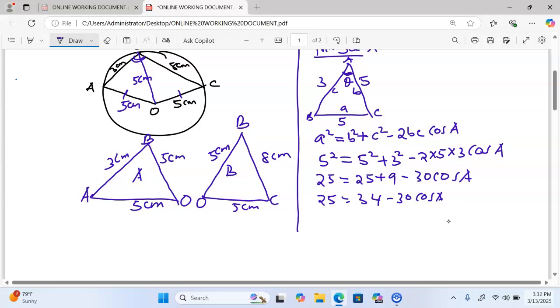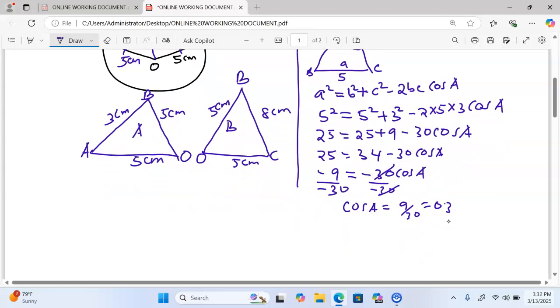If we move 34 to this other side, we are going to have 25 minus 34, giving us negative 9, being equal to negative 30 cos A. From here now, we can divide both sides by negative 30, such that negative 30 and negative 30 cancels, giving us cos of A being equal to 9 over 30, which is 0.3.